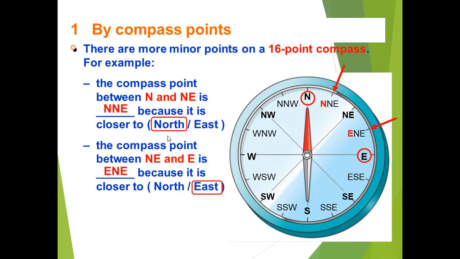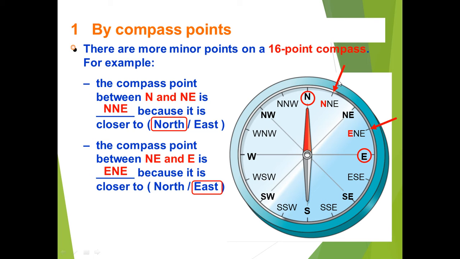Okay, and of course, it can then be further divided into the 16-point compass. For this kind of expression, northeast, southeast, southwest, and northwest would be the basis. And then we just see whether the direction is closer to the north side or to the east side. When it's closer to the north side, we will put an N in front of NE, so that becomes NNE.